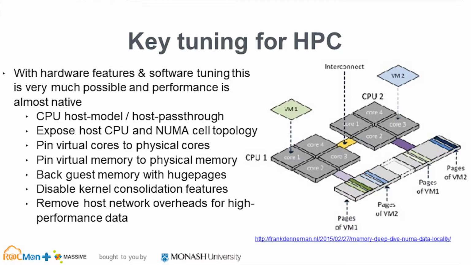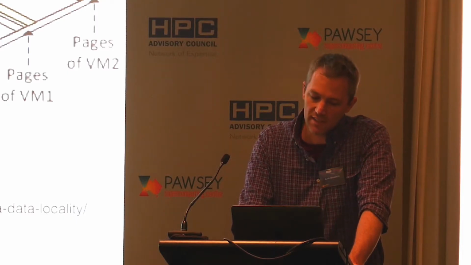Or if you do, then you'll be happy to only live migrate between host machines that are the same, rather than having multiple different models of CPU supported. There are certain kernel consolidation features that you would normally have on for a cloud environment, like same page merging, that will hurt you in an HPC context.